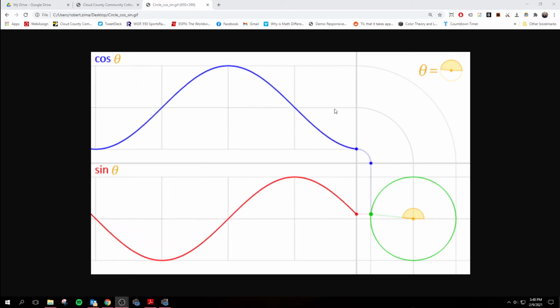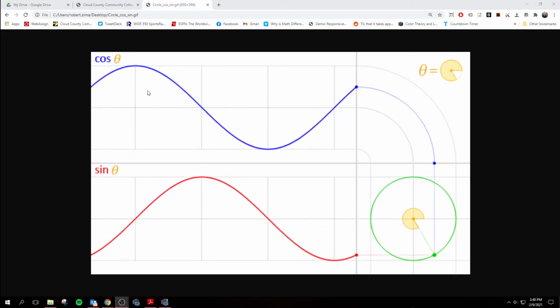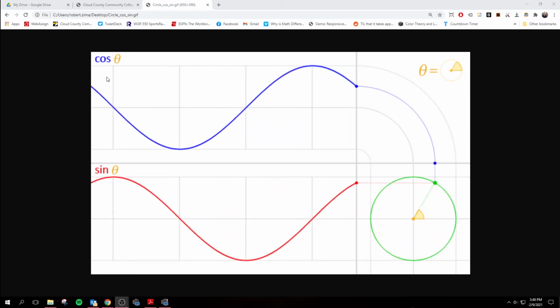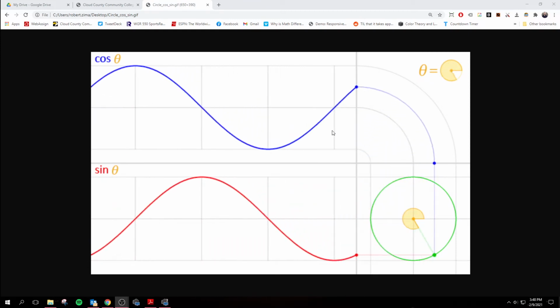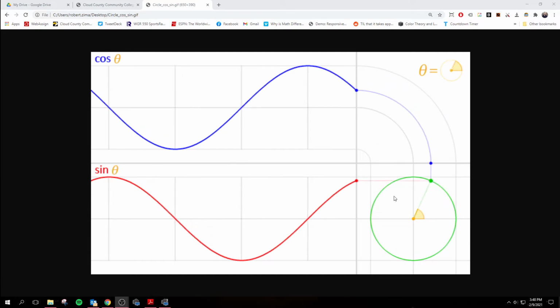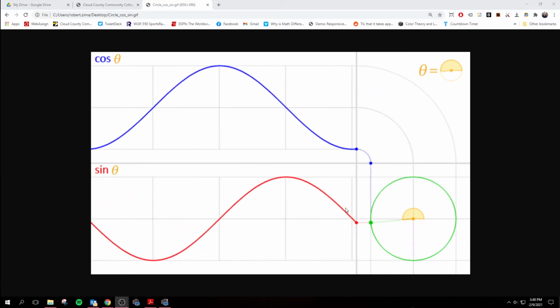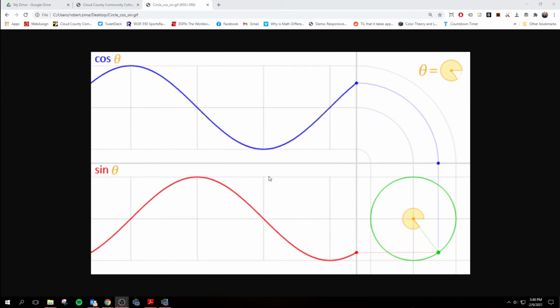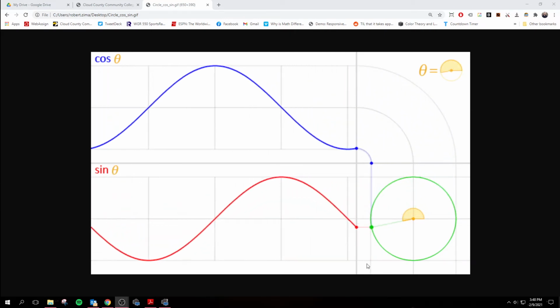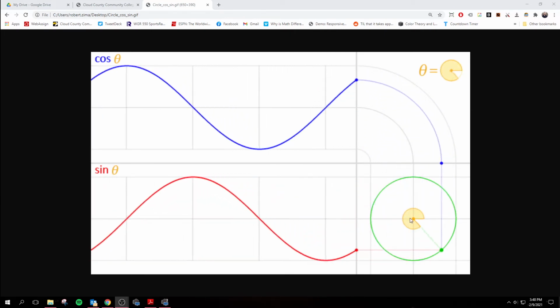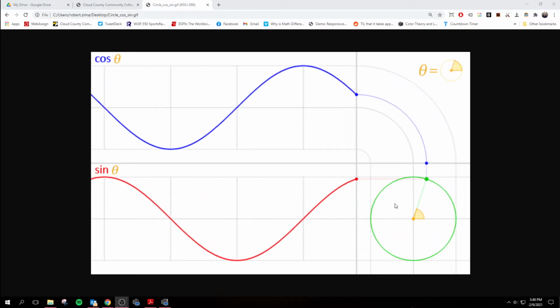So that's where we generate the curvature for both the sine and cosine curves that you can see right here. So it's almost mesmerizing when you watch how it works. But this is kind of the idea of what sine and cosine are based upon. It's based upon distances of x and distances of y as they relate to the curvature of the wrapping function.